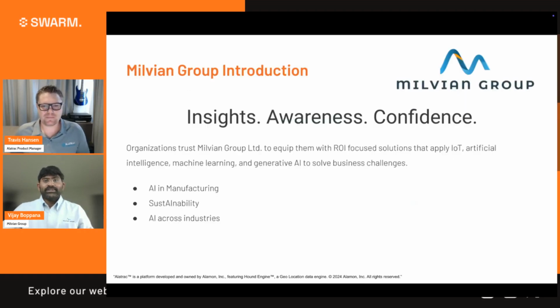Thank you so much, Travis. So, in today's rapidly evolving tech landscape, Milvian Group stands as a trusted partner in harnessing the power of artificial intelligence. So, here at Milvian Group, we transform manufacturing flows with predictive AI that spots issues before they occur and deploy machine learning solutions that slash waste while boosting output.